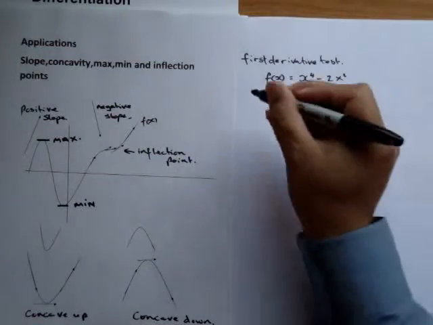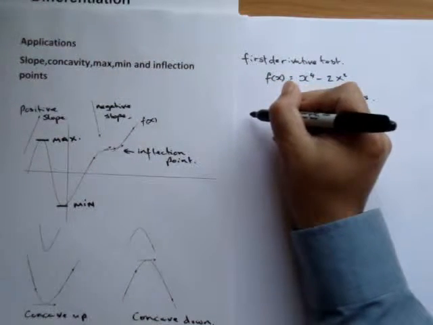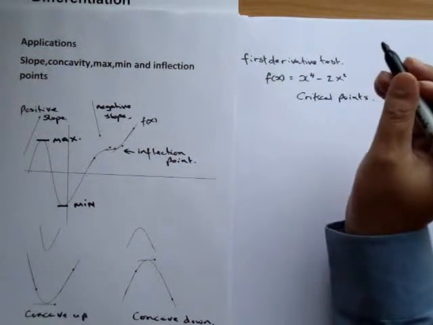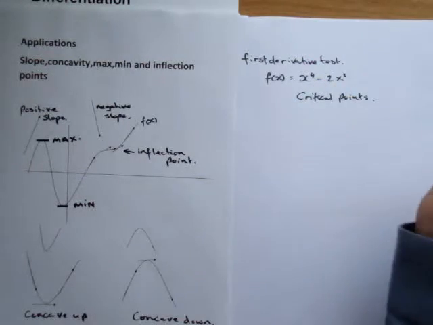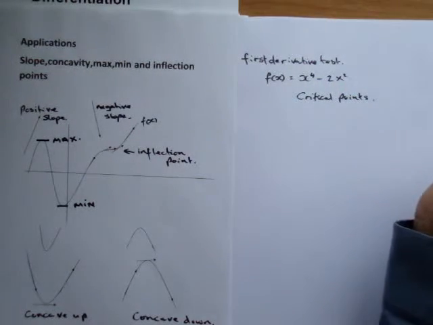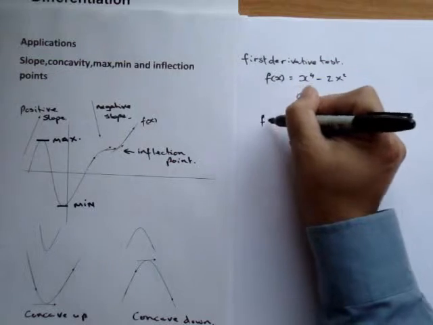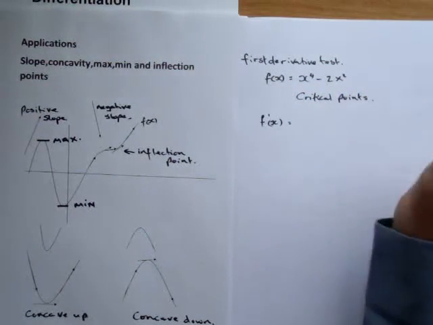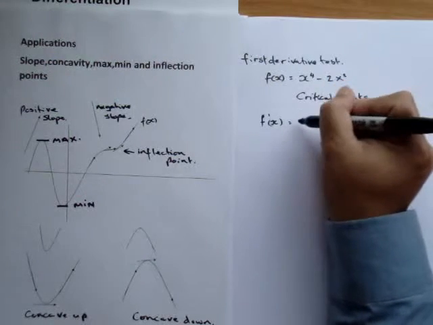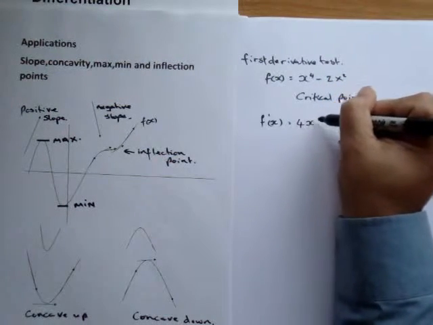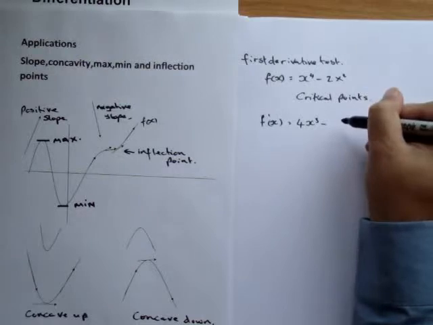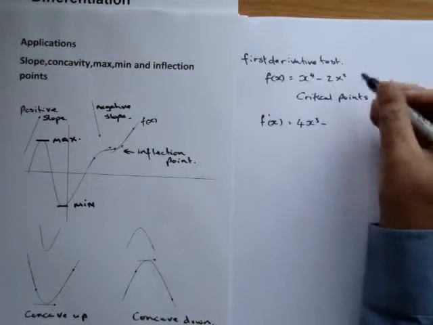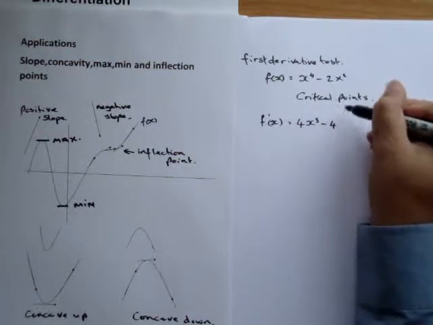To get the critical points, we find the first derivative. And the first derivative, or f dash of x, is, bring the 4 down, 4x to the power 3 minus, bring the 2 down, multiply by the 2 is 4, and then x.